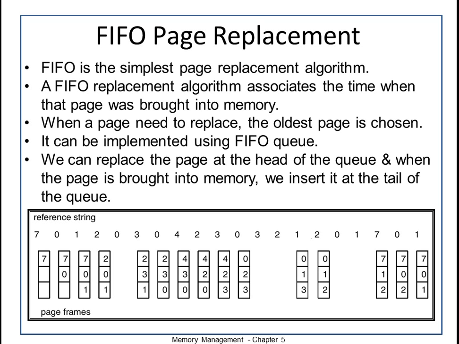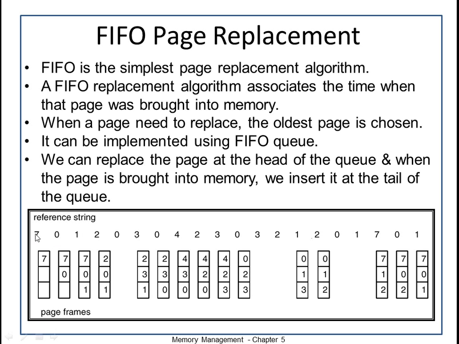When a page needs to be replaced, the oldest page is selected for replacement. It can be implemented using a FIFO queue. We can replace the page at the head of the queue, and when a page is brought into memory, we insert it at the tail of the queue. Now, this is the reference string which is provided to us, and we have to apply our first in, first out page replacement algorithm to this reference string.